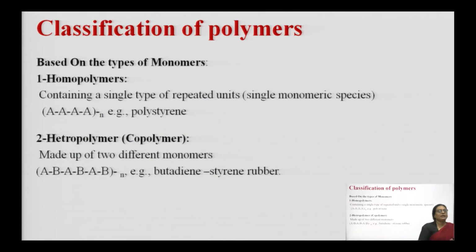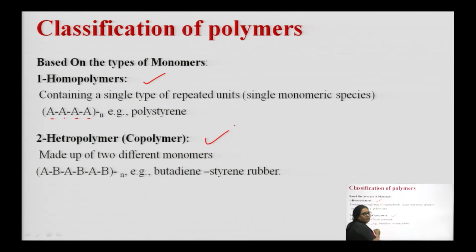Based on the type of monomers, we have two types of polymers, as mentioned earlier: homopolymers and heteropolymers. Homopolymers contain the same type of repeated monomer unit. Here you can see A is a monomer unit. This polymer has only A type of monomers.